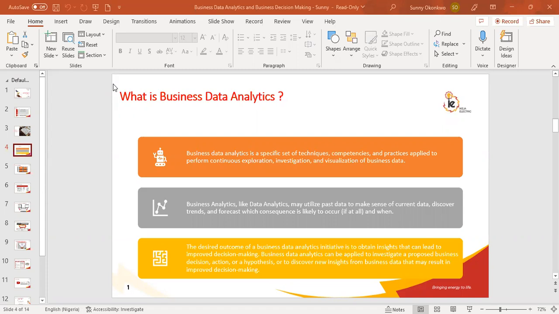So with this investigation of a proposed business decision, you'll be able to make a better hypothesis or assumption and get new insight from the data. Because you are a business data analyst, you'll be able to use that to advise management on what to do next, or what to do or not do going forward, right?